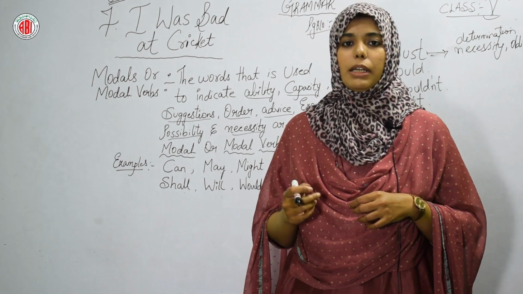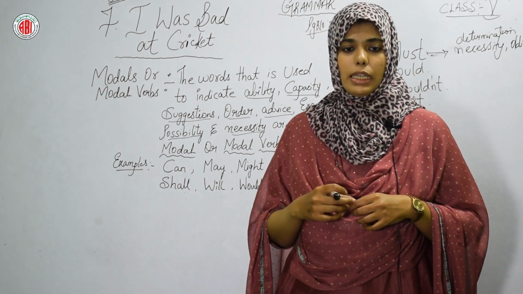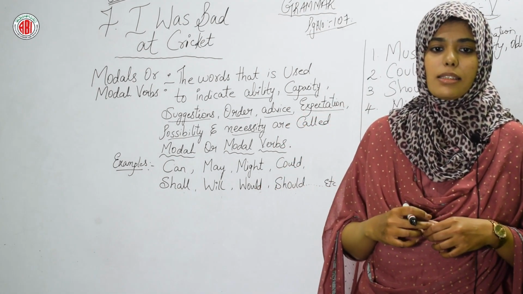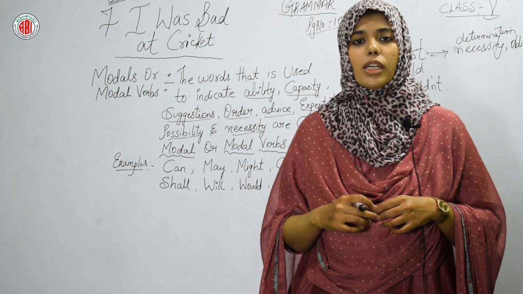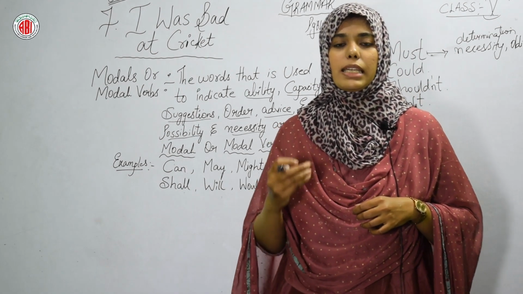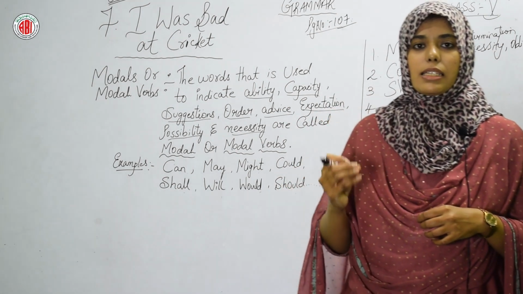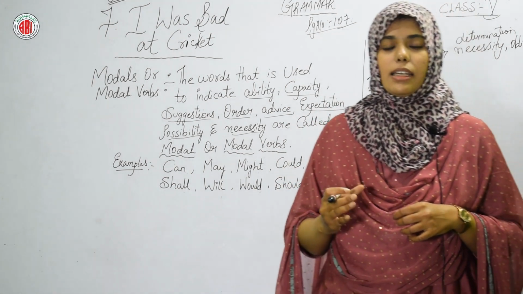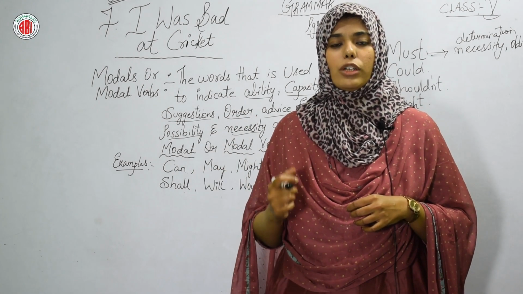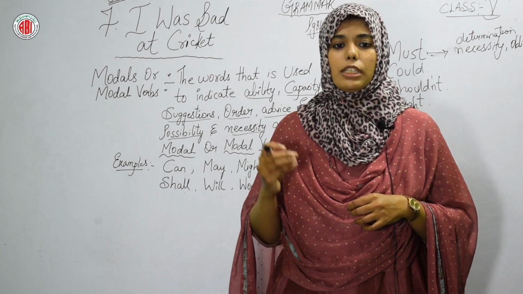Obligation is nothing but duty. One more example in your textbook is, we must look after our parents. It shows the duty. In this sentence, must is expressing that we must look after our parents. It is a kind of duty.